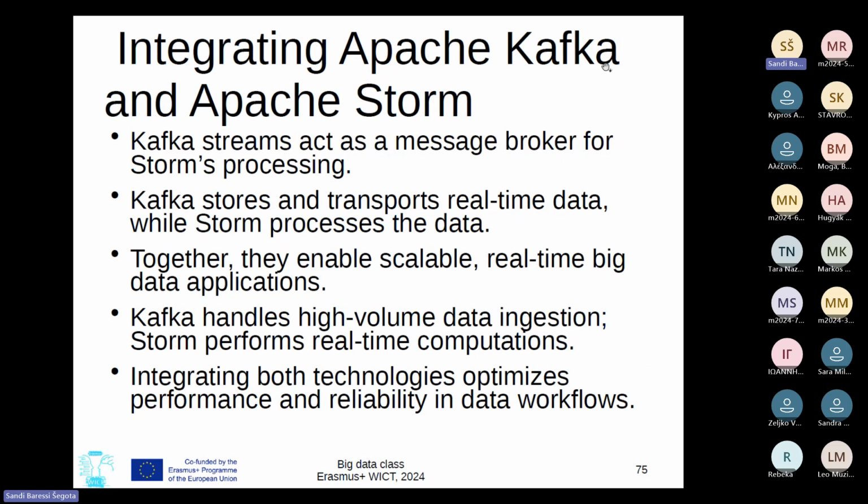So how do these two work together? Essentially, Kafka deals with being a message broker. So it takes care of storing the data, transforming the data, getting the data. You can think of it like having a secretary, right? Your secretary receives your mail and manages it before they give it to you for processing.